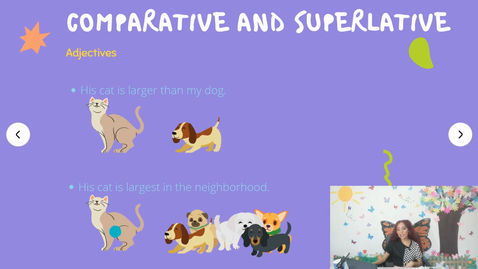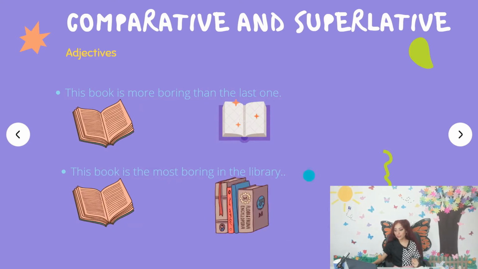In this case, I'm comparing the cat with all of the pets in the neighborhood. So the largest, I'm using a superlative because I'm comparing one cat with the rest of the pets in the neighborhood. EST, superlative.